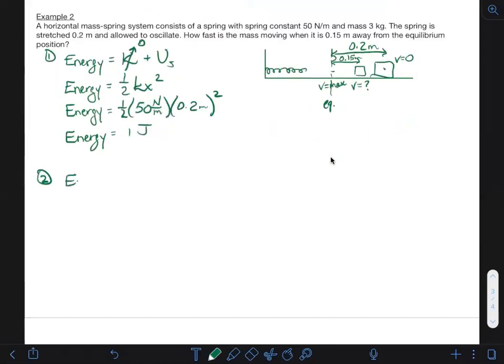Now, I can take that knowledge that this total energy is 1 joule, and I can now start applying it to this second location, this location where I actually want to answer a question. So my energy is still going to consist of kinetic and spring potential energy.